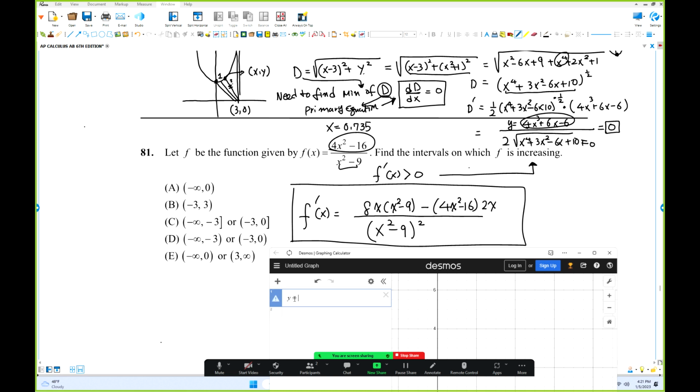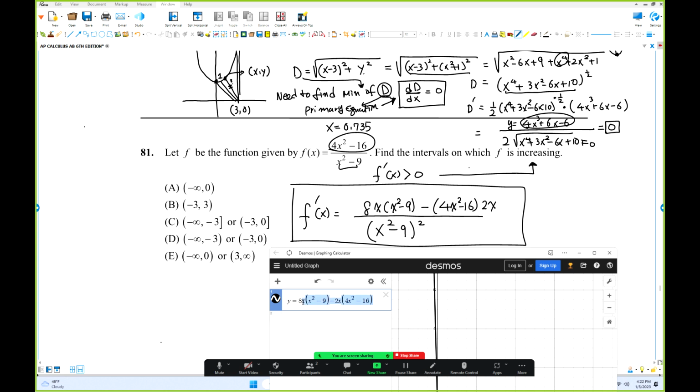y equals 8x times (x squared minus 9) and minus 2x times (4x squared minus 16), close, right?